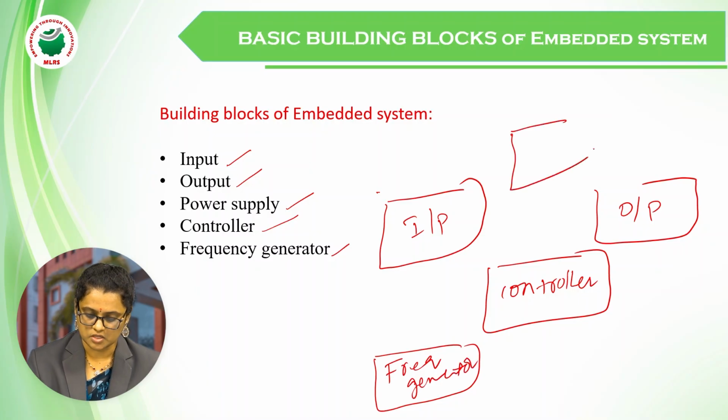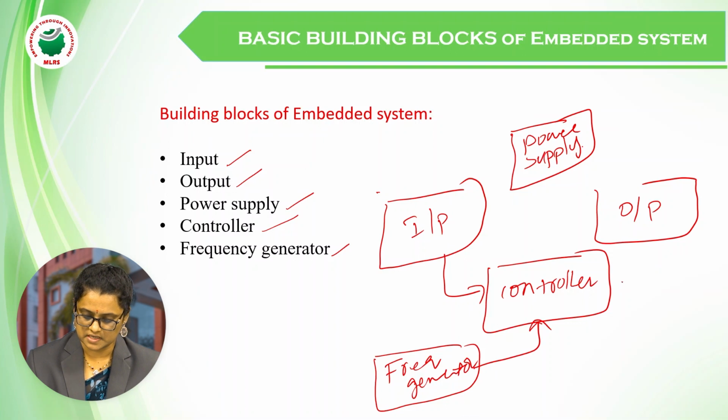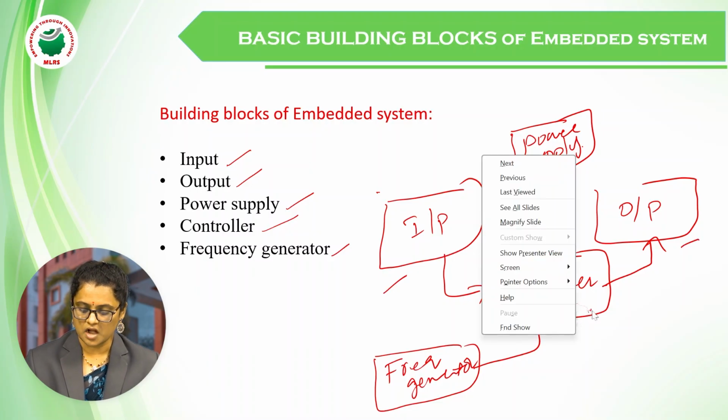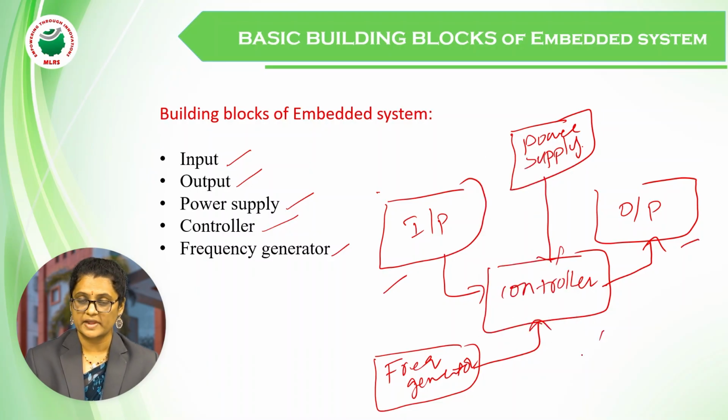And to start the system, we need some power supply. So this is the diagram, the basic building diagram of an embedded system. Here we can give the input and we can take the output from here. The controller is the heart of the embedded system. Based on the controller, we get the output.